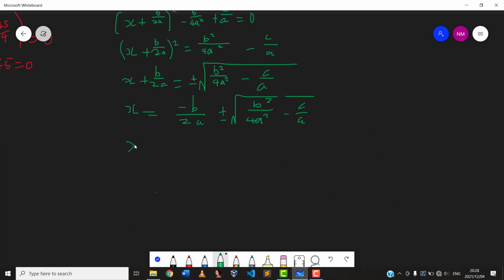And then you want to join these two fractions together, so you just cross multiply. So b squared times a, that would be ab squared, and then minus c times 4a squared, that would be minus 4a squared c. And then it's one single fraction now, 4a squared times a, so 4a cubed.